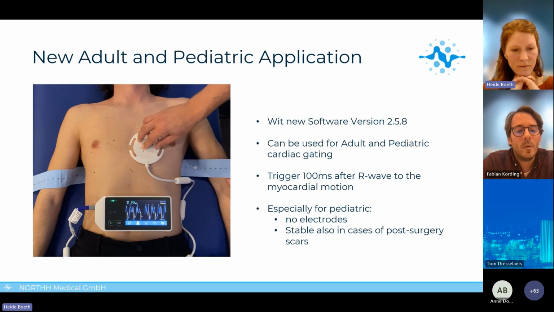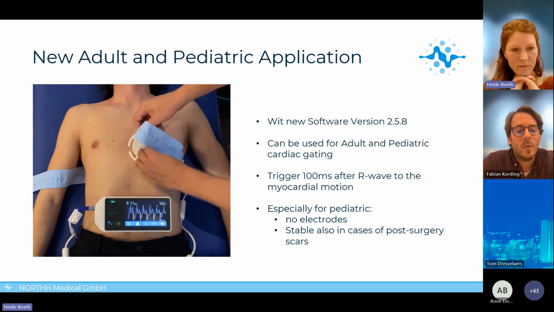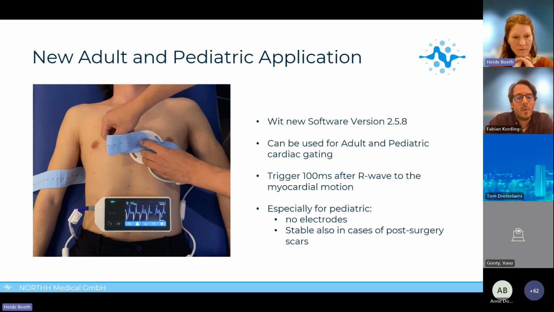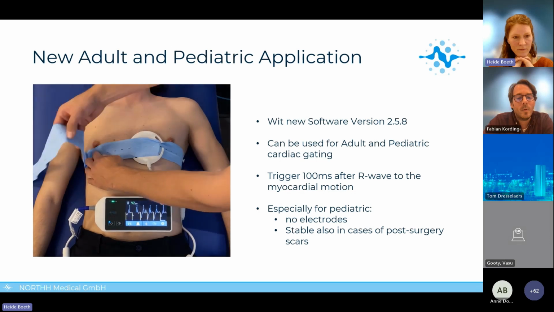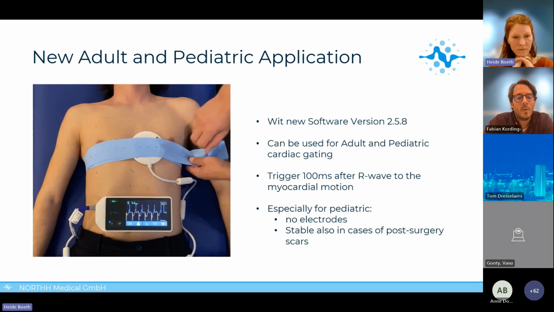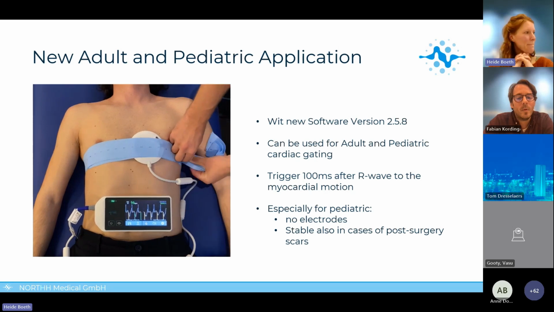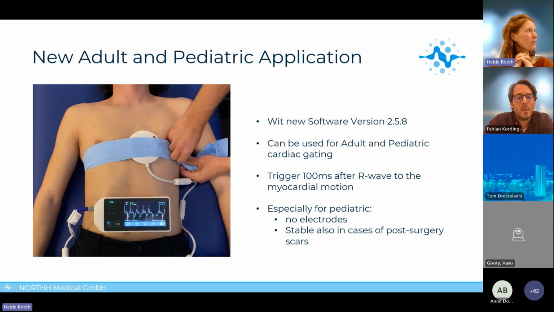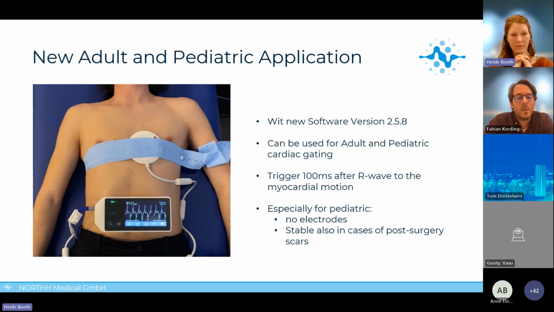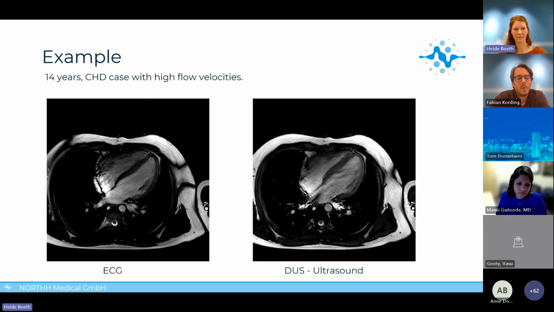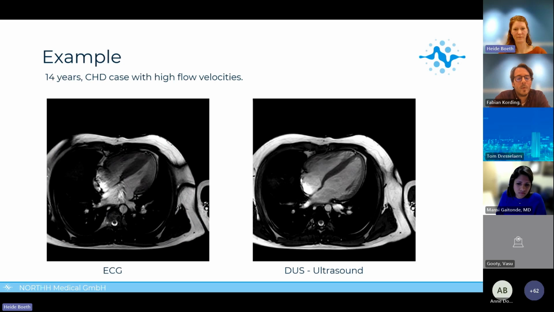Everyone can access it, and you just get a trigger which is close to the R wave, about 100 milliseconds after it. We think that can be really nice for pediatric applications because there are no electrodes, and it's also quite stable if you have patients that are post-surgery with scars. So don't be afraid to use it. It is CE labeled, and we all encourage you to use this and to evaluate it. We of course have also done this, and these results are quite nice.